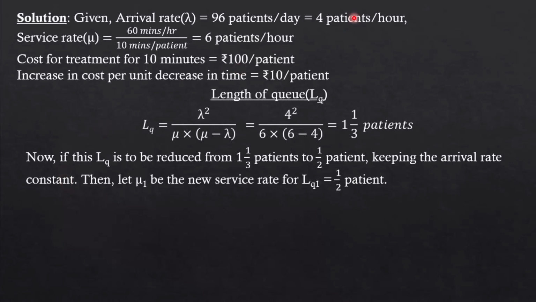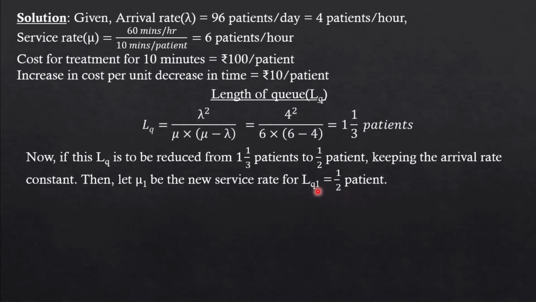So the arrival rate lambda will remain the same, equal to 4 patients per hour, and we need to find the service rate. So let mu1 be the new service rate for LQ1, that is the new length of queue, which is equal to half a patient. So let us change the value of LQ from 1 by 3 to LQ1, which is equal to 1 by 2 patients.